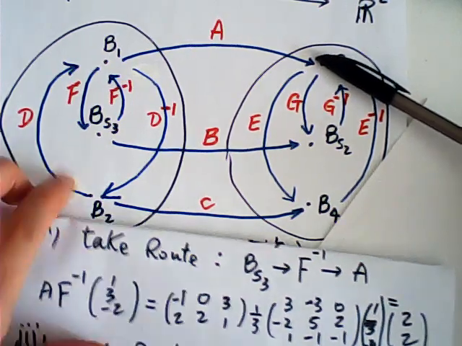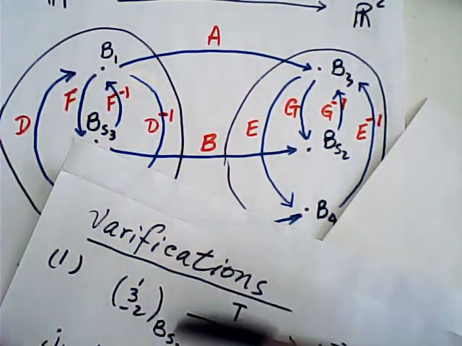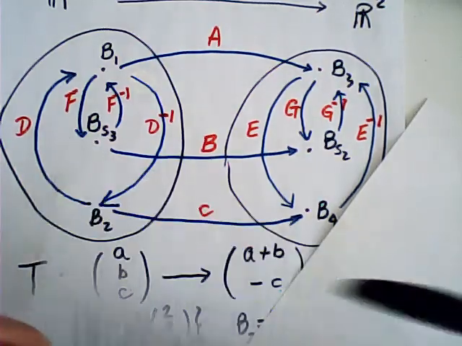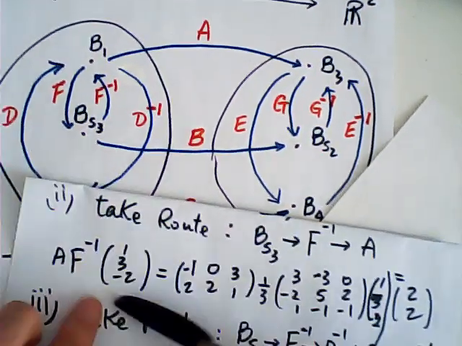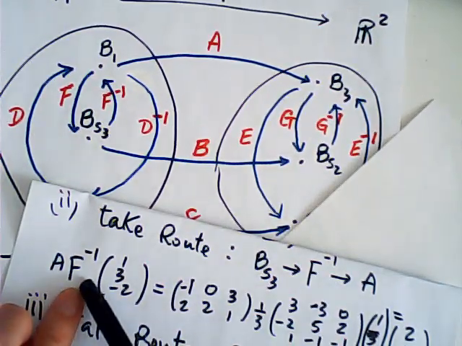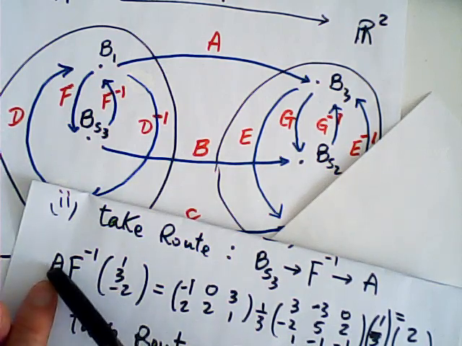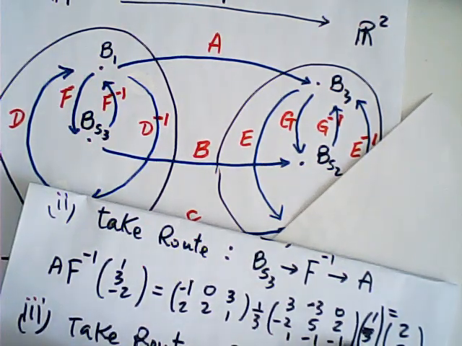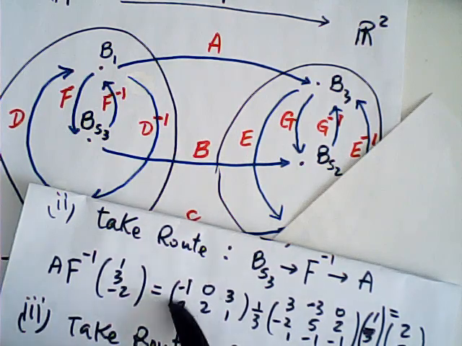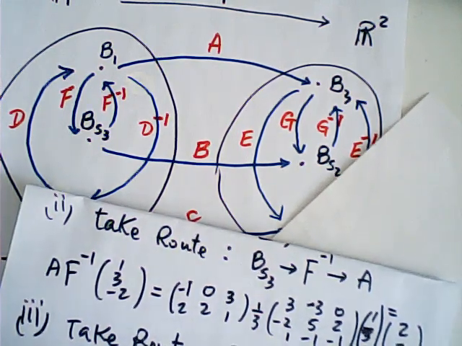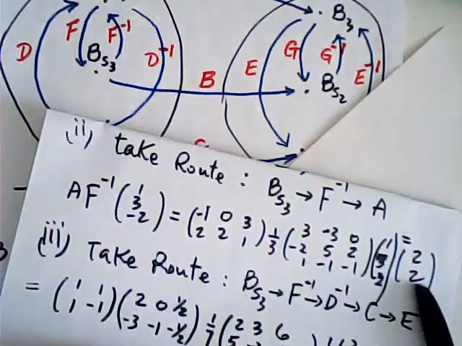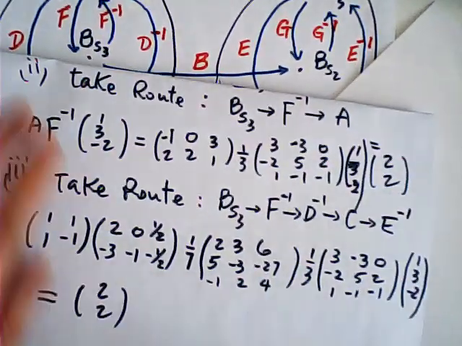So this is the vector I pick up. Then times F inverse, then times A. This is F inverse. This is a vector. This is A, and you get the same result.